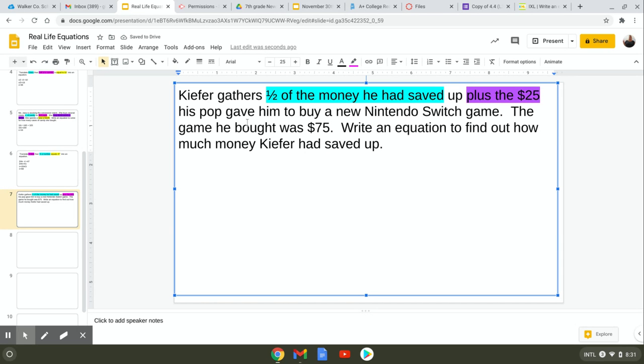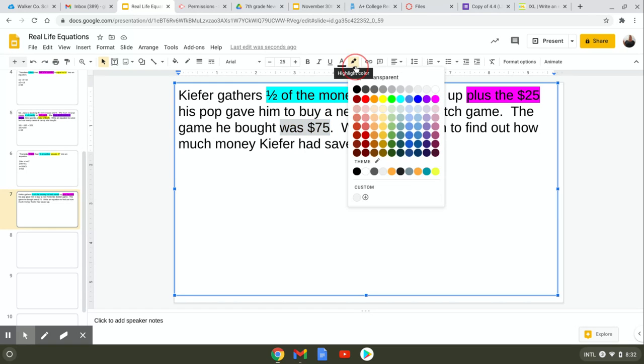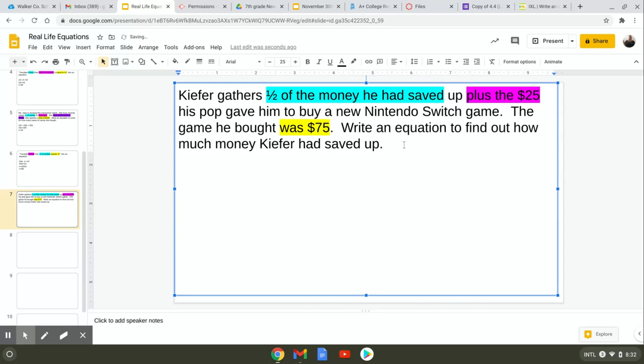And the game he bought was $75. So we know the total, or the equal to. Okay, so I want you to pause the video and try to write the equation, and then restart it and see if you're correct.